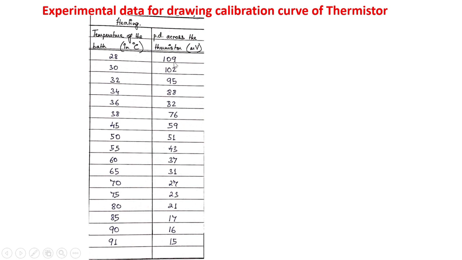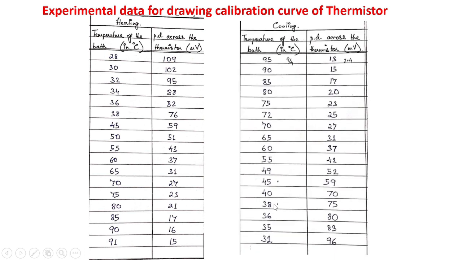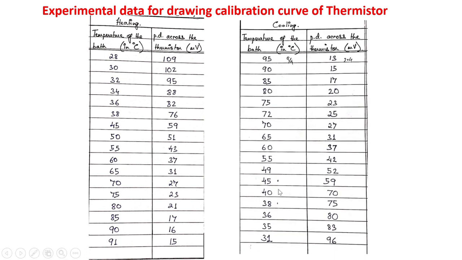And when the temperature increases up to 90 or 91 degree, the PD decreases in a consistent way and it reaches 15 millivolt. If during the cooling we check, more or less the same pattern we get.